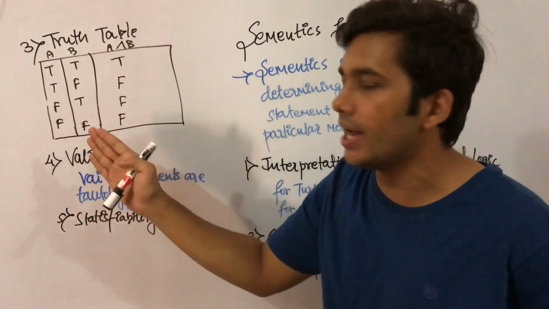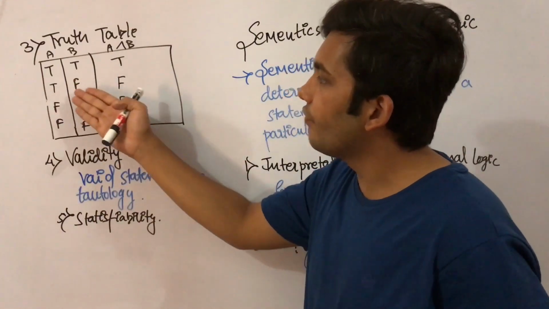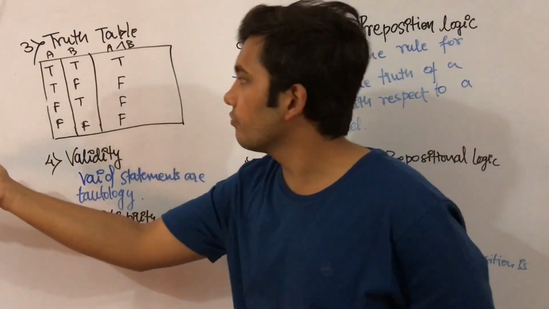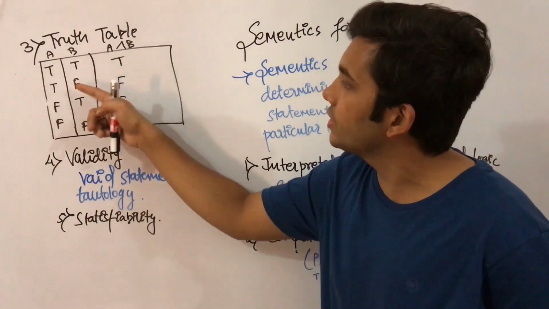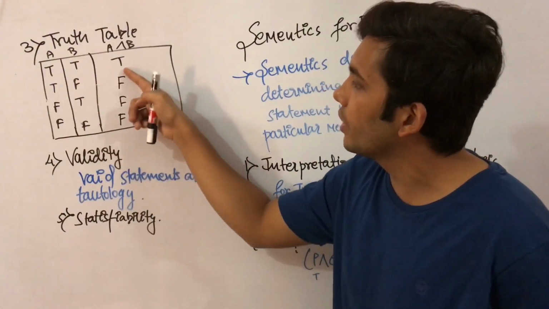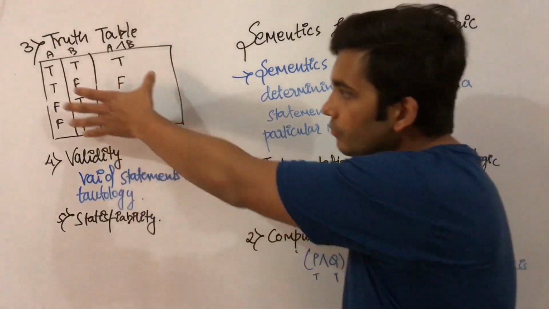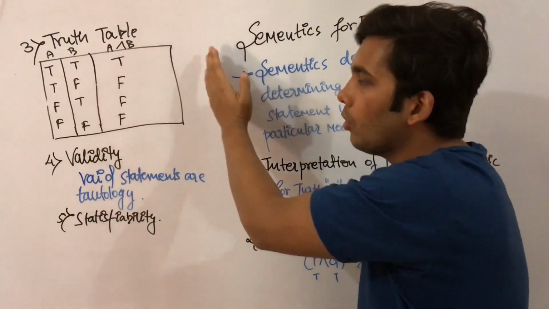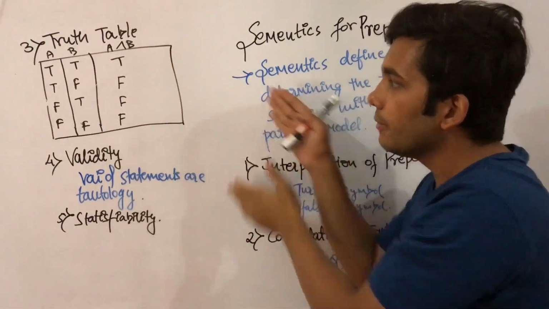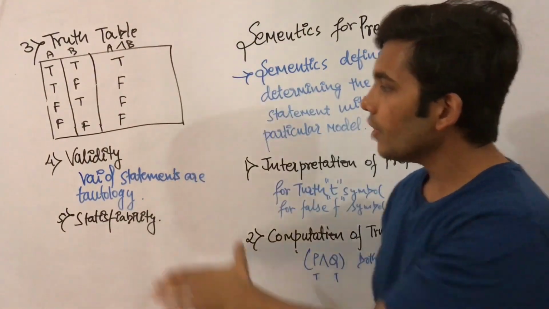Suppose we are taking well mannered as true, then if it is written that he is not well mannered, then we can say this statement is false. Then the combination of these statements is going to give the result false. So this is how we make the truth table, and we now define the sets of results based on this.